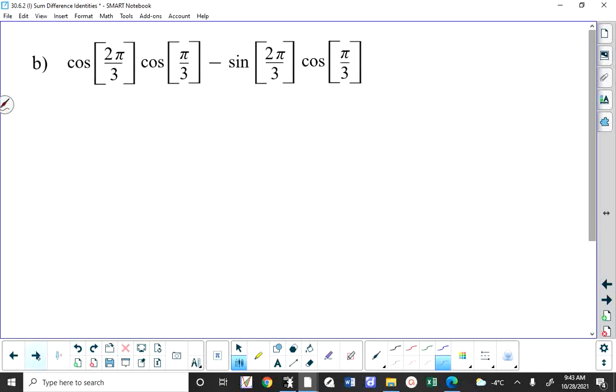All right. Now, I just have square brackets because when I do round brackets on my presentation, it comes out all blurry for some reason. So there's no difference, really. We've got cos 2 pi over 3, cos pi over 3, minus sine 2 pi over 3, cos pi over 3. And I believe in your notes this is a sine, isn't it? Okay. Let me fix that.